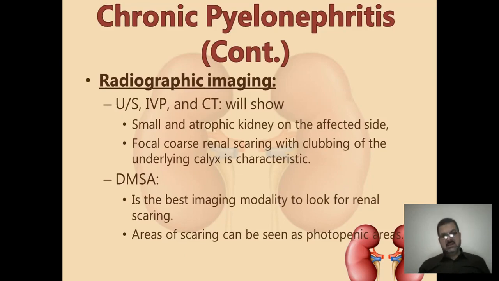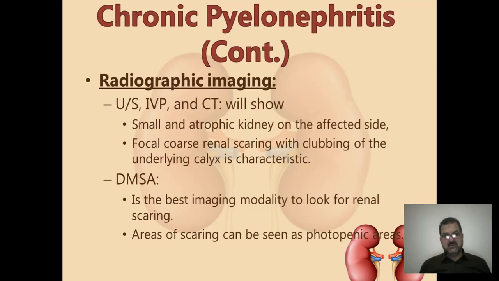Ultrasound, IVU, and CT scan will also show the same findings: a small atrophic kidney with scarring and clubbing of the calyces. DMSA scan is very accurate in diagnosing this disease, because it will show the scarring of the kidney and the split function of the kidneys.